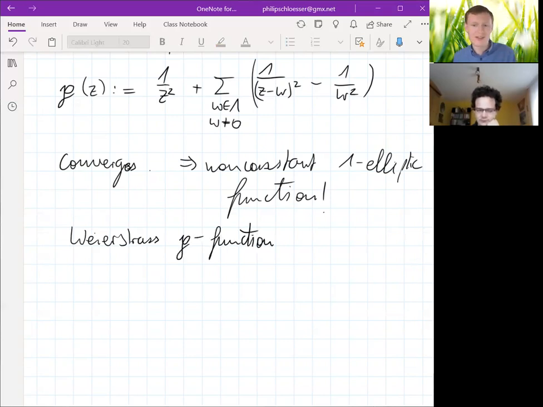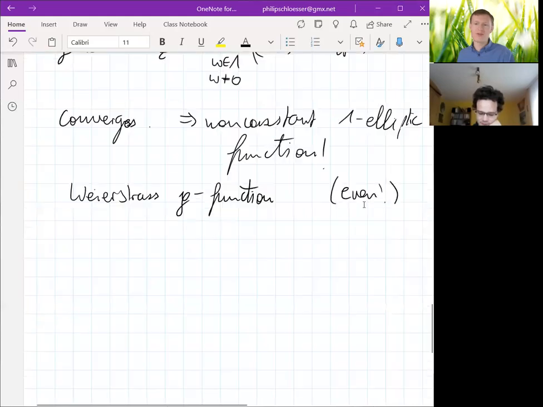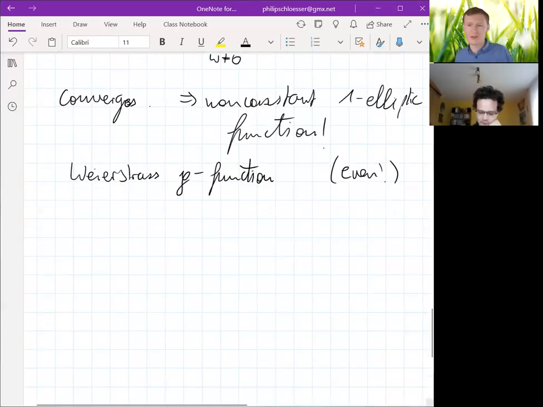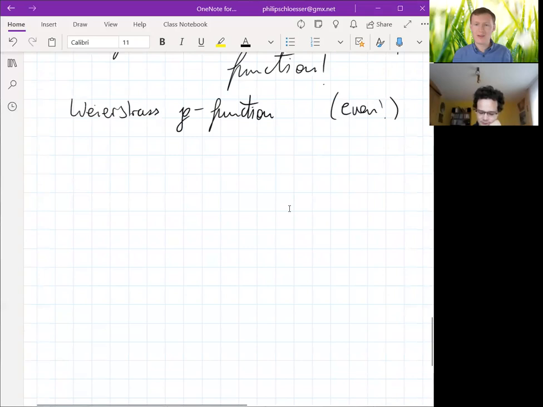And it has its own LaTeX symbol, so it has to be important. Also note that just by the definition, we can tell it is even. So if you plug in minus some value, you get that same value back.